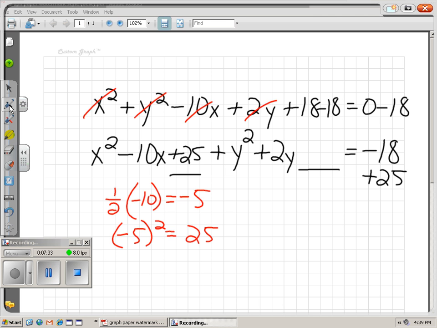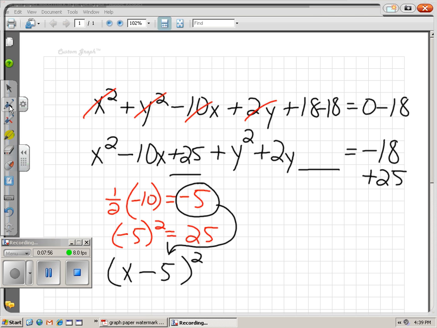All right, now since we're talking about it, you guys remember I told you a hint that the result of that first step, that's what's going to be in your parentheses. So when I factor my x, if you want to take a shortcut, just jump right here to x minus 5. See, that's where I got that number just right off the bat. x minus 5 squared.